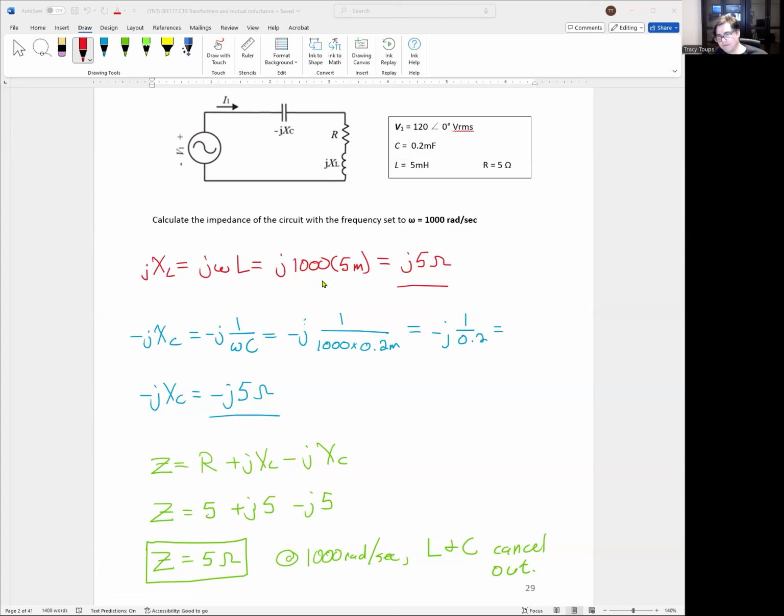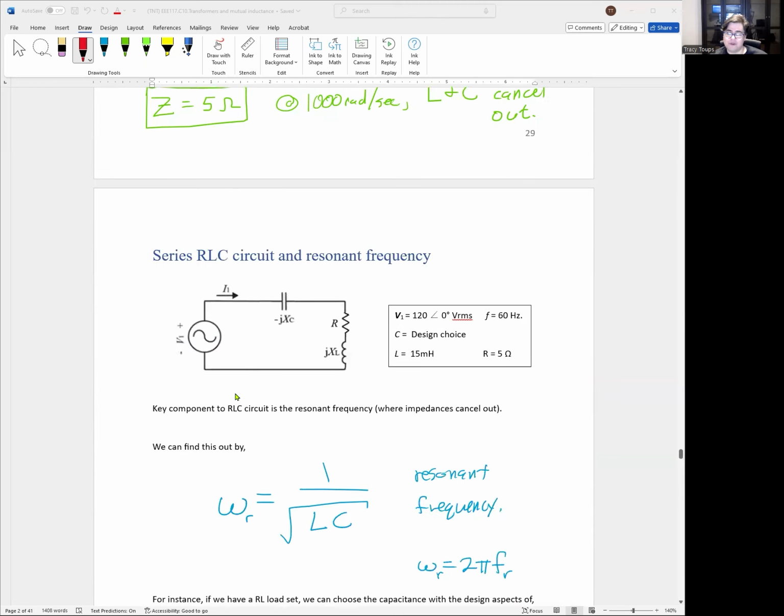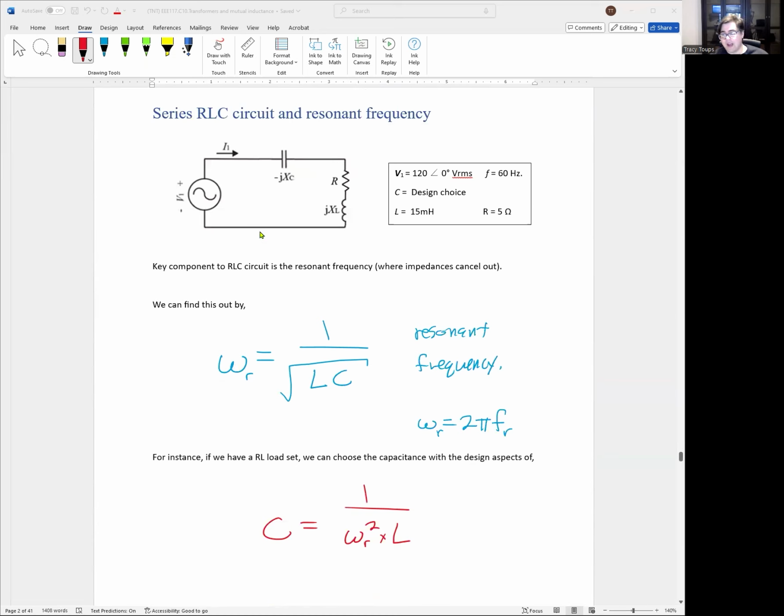So I just wanted to show you the math behind it, just paying attention to impedances. Again, you always have to pay attention to the j component, and everything else should be pretty straightforward, right? Now, we notice that there's a very specific frequency where the capacitor and inductor cancel each other out.